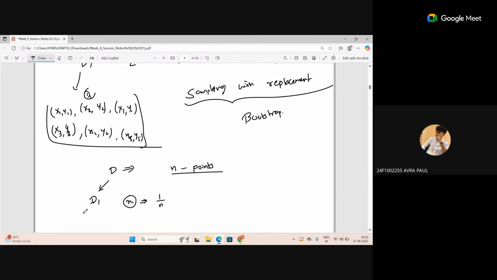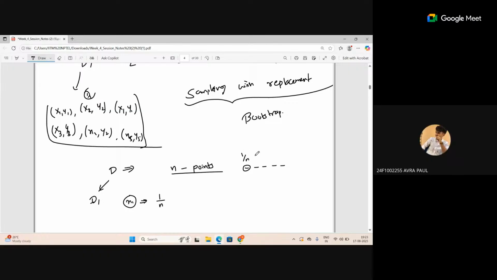Now I need to check the probability that it will appear multiple times, and the probability that it will not appear in this data set. You have n positions, and for the first position the chance it gets picked is 1 by n.